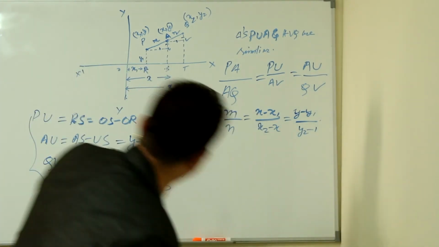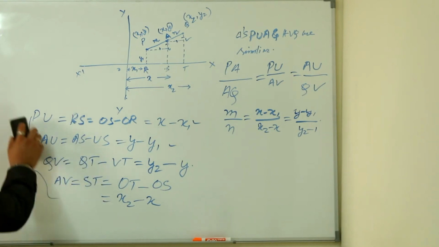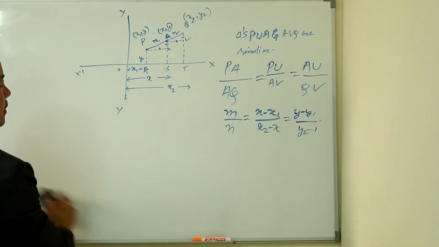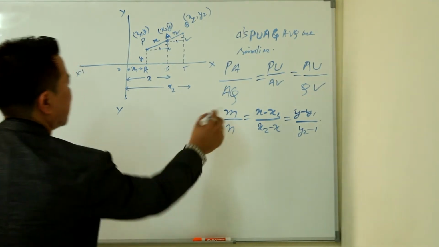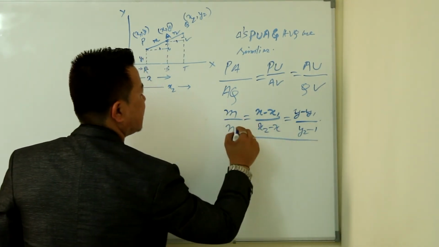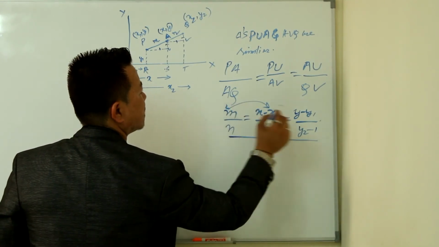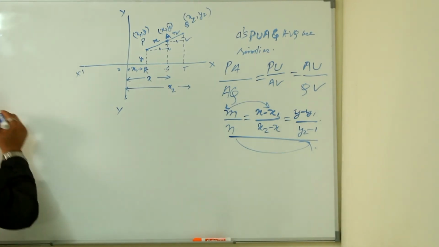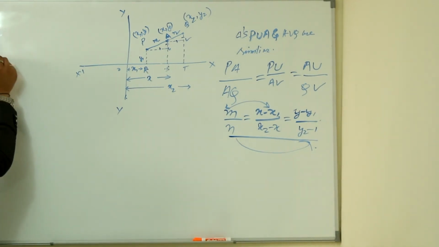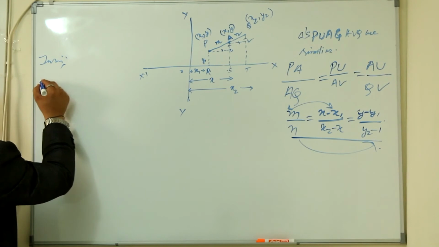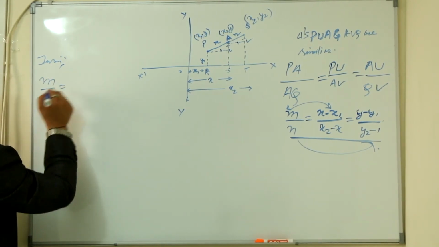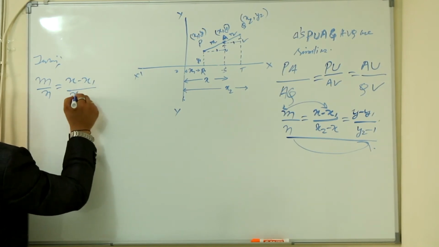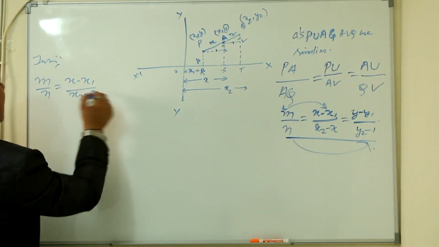So now we don't need this. These are important portions. We will derive the formula. Now from this, take these two first and again take these two as second. Taking the first portion, how much? M by N equals to x minus x1 by x2 minus x.